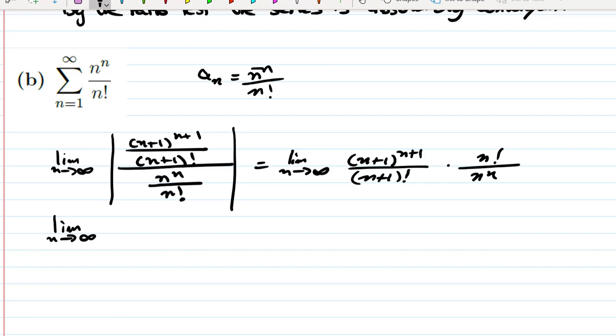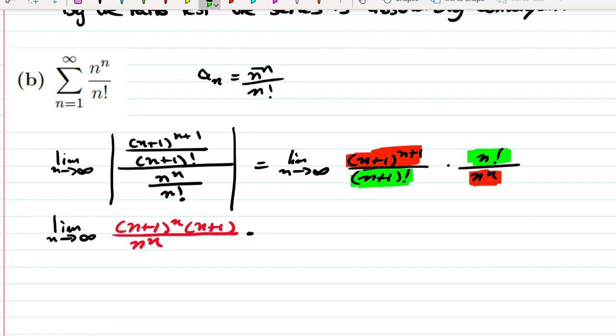So let's simplify and rearrange some of these. I'm going to have (n+1)^(n+1), and I'm going to have an n^n, and I'm going to group those together. So this is going to be (n+1)^n times (n+1), splitting up that exponent, over n^n. And then I'm going to group together the other two terms, so the n factorial and the (n+1) factorial.